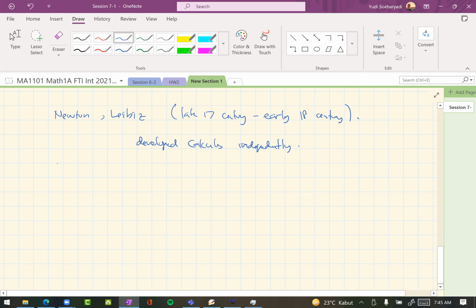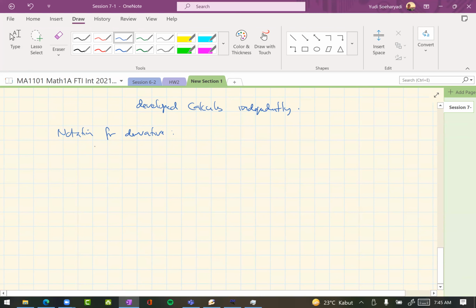The thing is, they have different notation for the derivative. Newton used a dot or prime, as you see in physics.